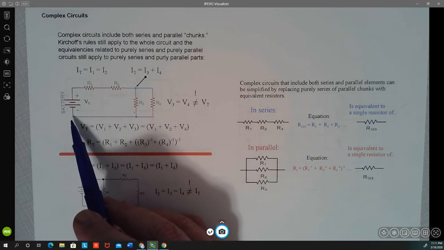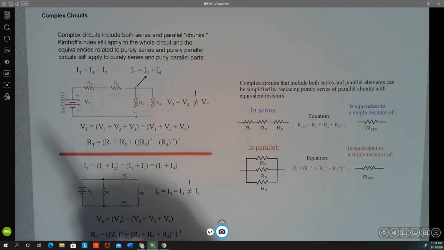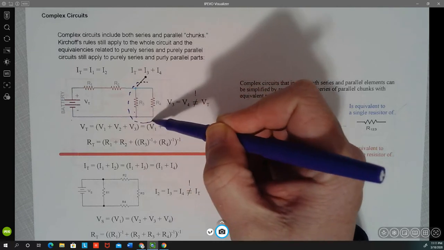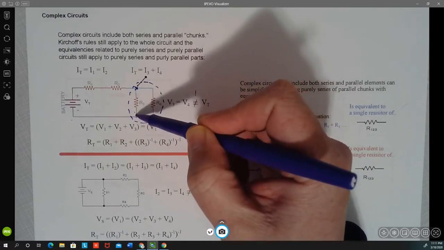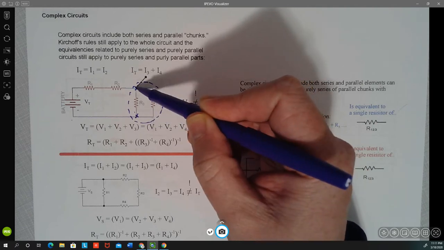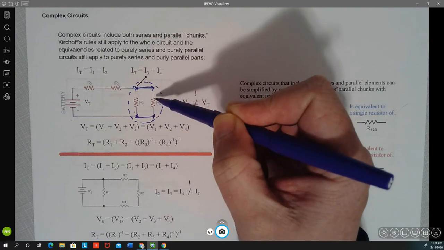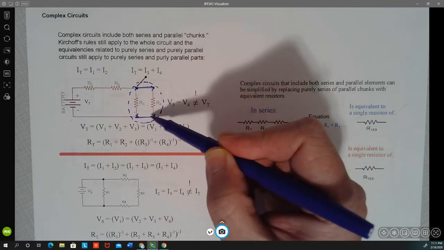Now, all the things we know about purely series and purely parallel circuits apply to this circuit, and we just have to be careful not to overgeneralize. For instance, if we think about this section here, that's purely parallel, which would mean if we hooked up a voltmeter here and here, it'd be the same as hooking up a voltmeter here and here, since there's no potential difference between these two places, and there's no potential difference between these places.